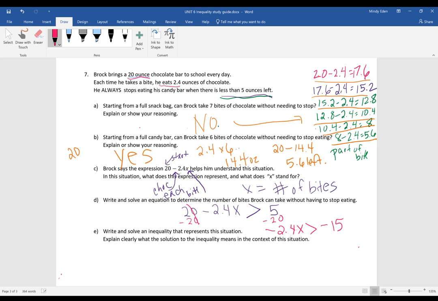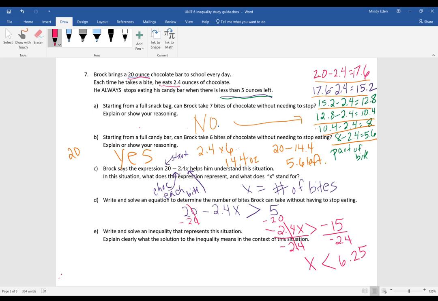The negative 2.4 and the x are being multiplied, so I want to divide by negative 2.4, divide by negative 2.4. Since I divided by a negative, my inequality reverses, and 15 divided by negative 2.4 is 6.25. So this would be our solution.